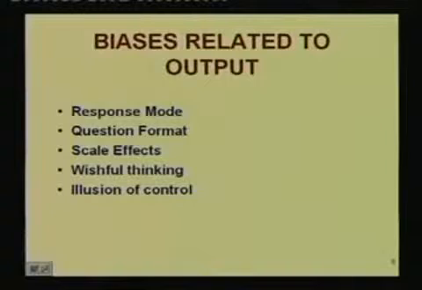So these sorts of biases can be introduced while presenting output. Sometimes what we are presenting as output may not be an output, it could be wishful thinking. That means we have really not got the results that we desire, but we wish that it should happen, and the data is merely a formality to move around that.